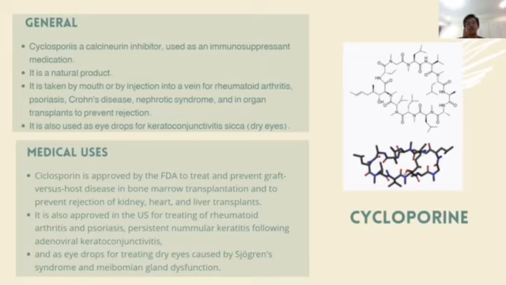It is also approved in the US for treating rheumatoid arthritis and psoriasis, persistent nummular keratitis following adenoviral keratoconjunctivitis, and as eye drops for treating keratoconjunctivitis sicca, or dry eyes, caused by Sjogren's syndrome or meibomian gland dysfunction.